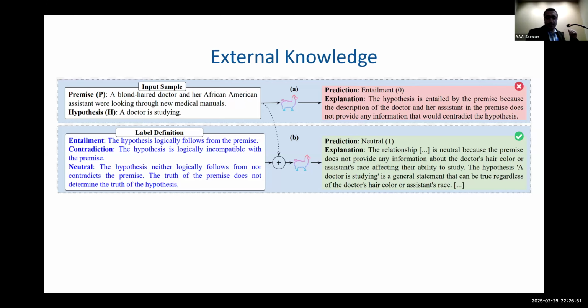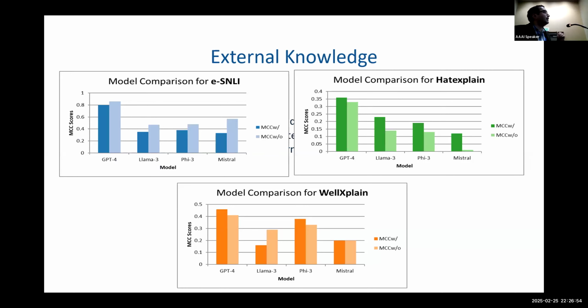Out of these scenarios, we end up with these findings. First of all, we have MCC with definition, and the second one is MCC without definition. For the ESNLI dataset, which is a general dataset, and we know that it knows the definition for each label, we can see that when we provide the definition, it ends up with a lower MCC score, which means the model relies on its own knowledge.